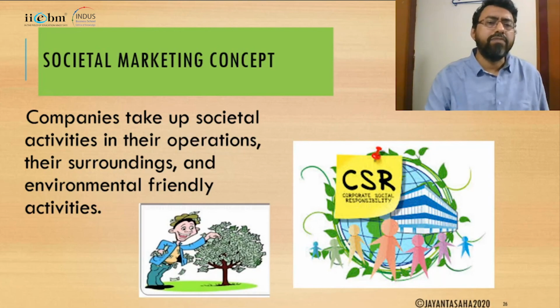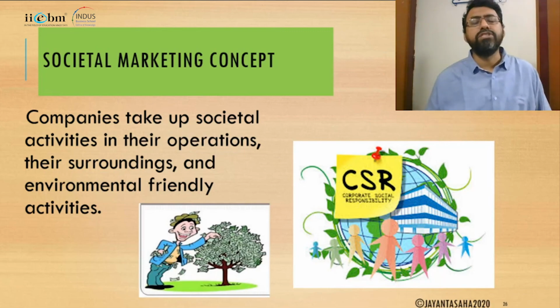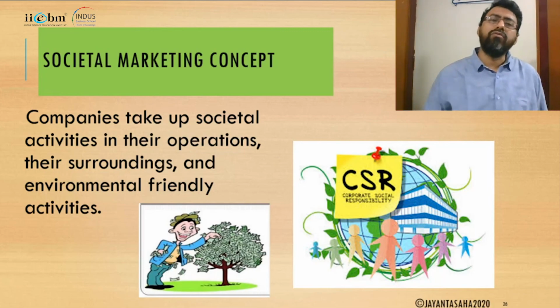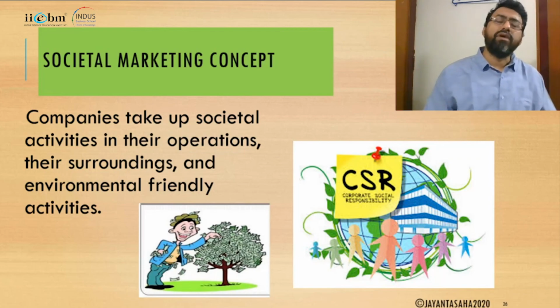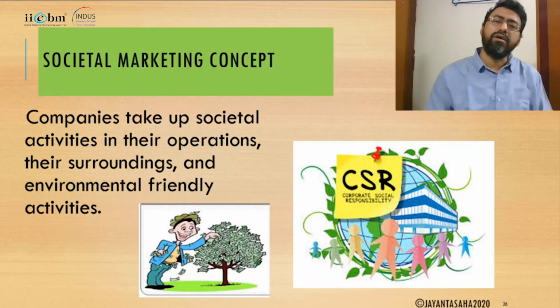So they take up societal activities in their operations and their surroundings, and in the annual report that they publish, there is also a chapter on, we have sponsored these many children for education, we have built these hospitals, or we have donated for this particular cause, or we have given sewing machines to so many people in the villages around the factory, and so on and so forth.